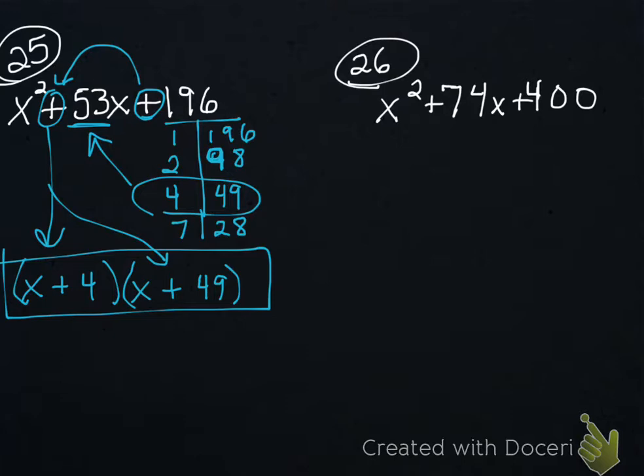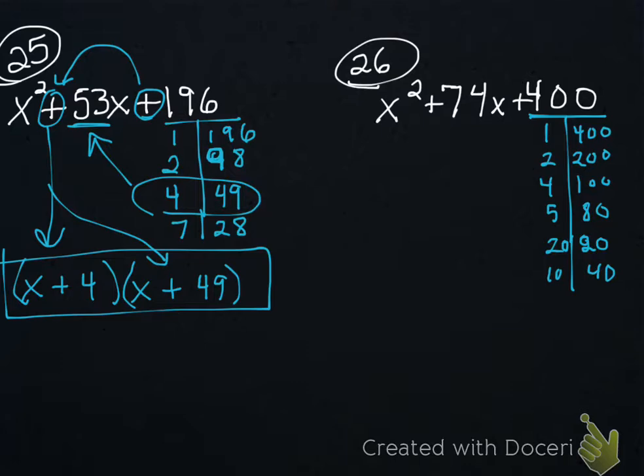Number 26. My constant's 400. Factors: 1 and 400, 2 and 200, 4 and 100, 5 and 80, 20 and 20, 10 and 40, and we keep going, 16 and 25.